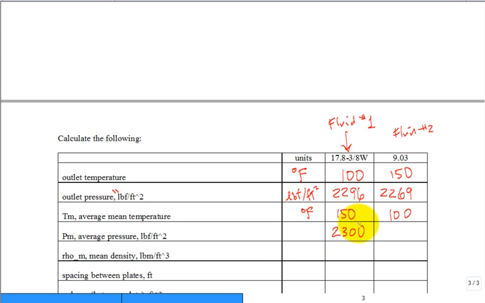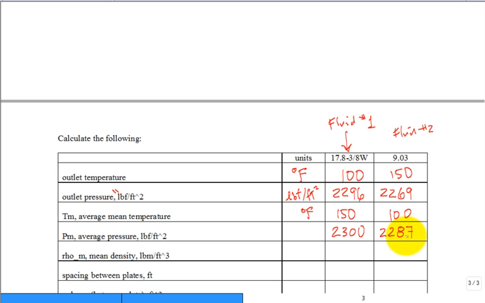Right? And how about for the average pressure? This is by 2287, I believe. Is that right? I don't want to leave anybody in the dust. I want you to make the calcs on your own.